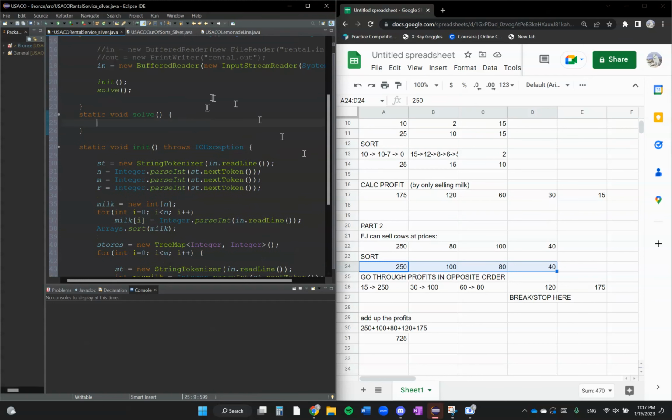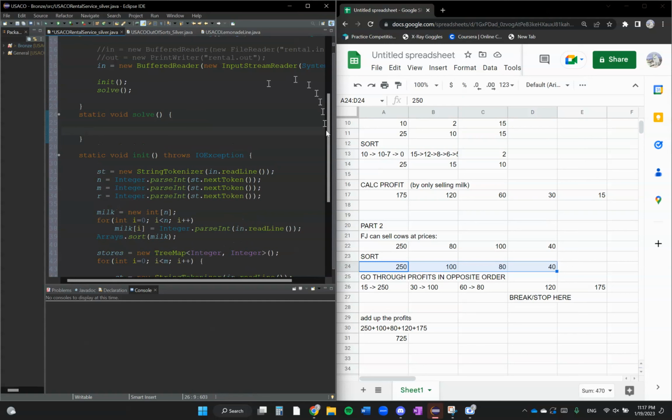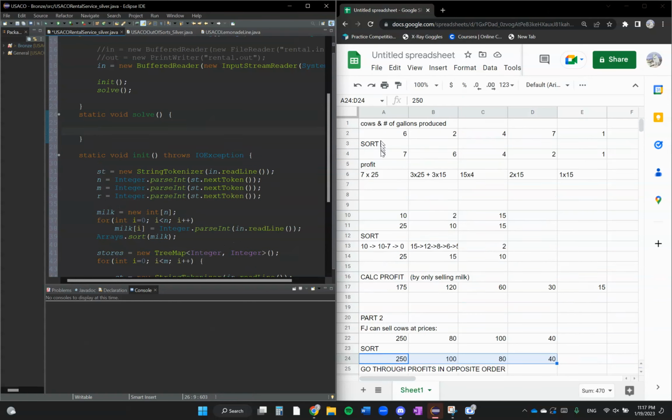So first, what do we need to do? Well, what we did is first we went through each of the cows from the most amount of milk gallons produced to the least amount of gallons produced. So for int i equals n minus 1, i is greater than or equal to 0, i minus minus.